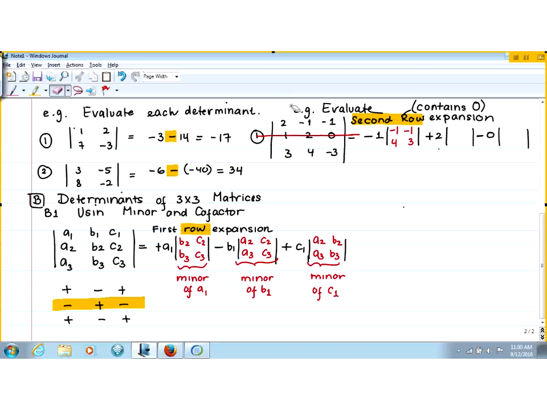Now, let's look at 2. So 2 is here. Okay. So I am going to cross the second row and second column. So I'm left with 2, 3, -1, -3.